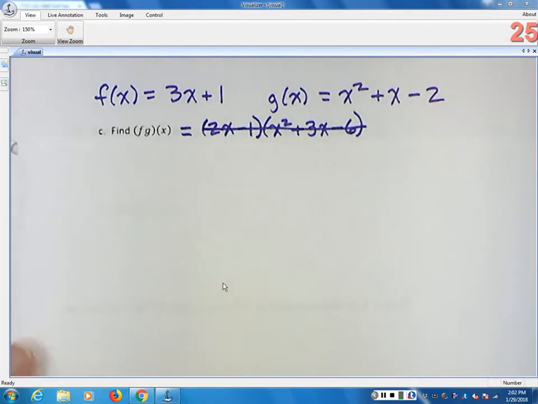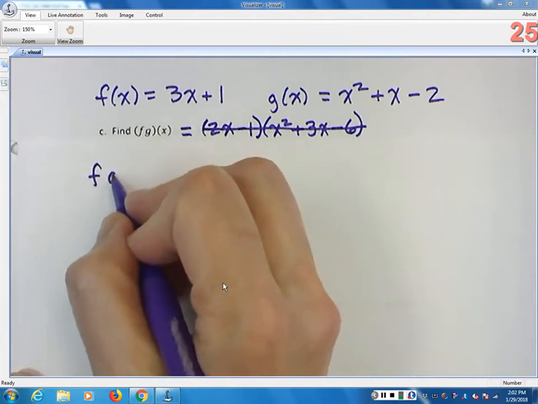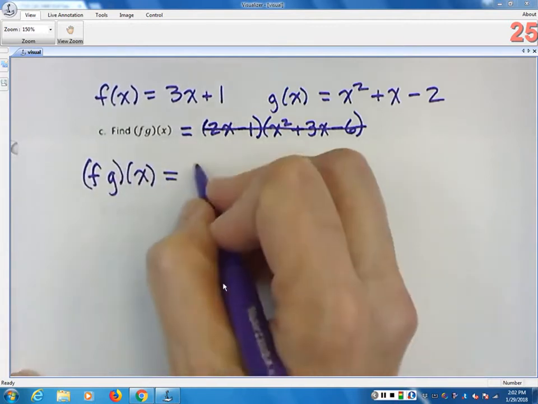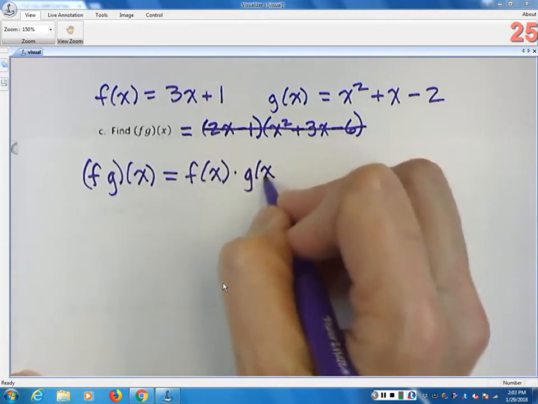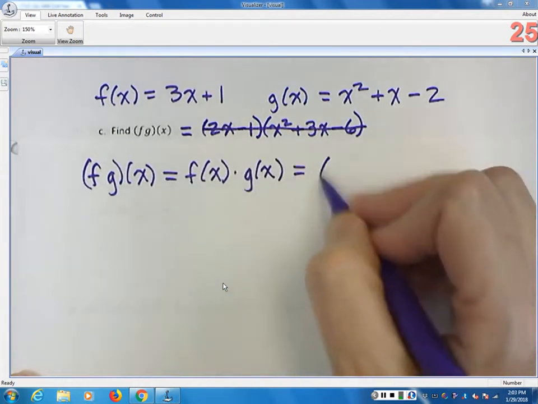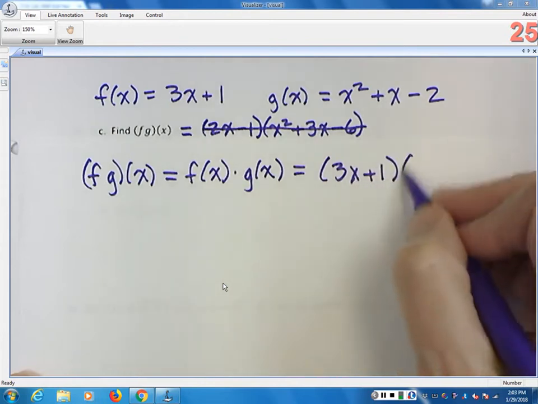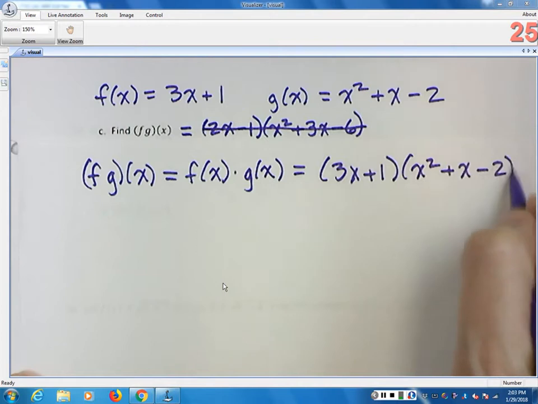Okay. So, f times g of x will be f of x times g of x, which is 3x plus 1 times x squared plus x minus 2.